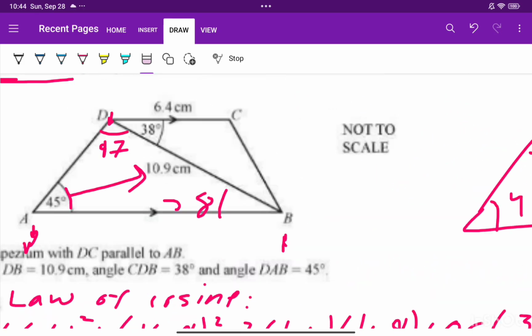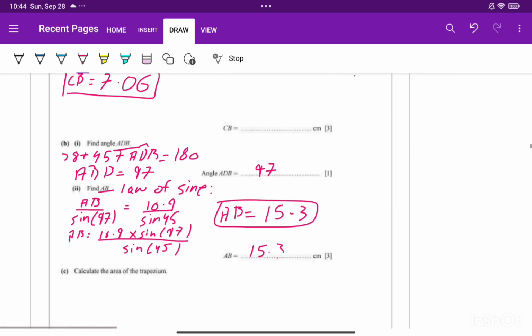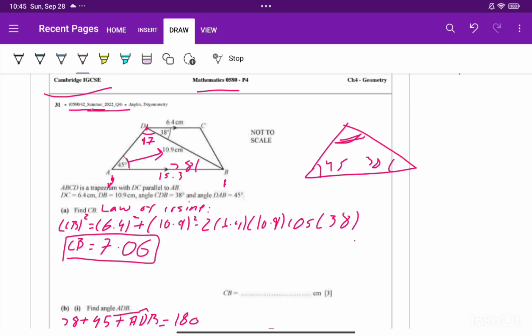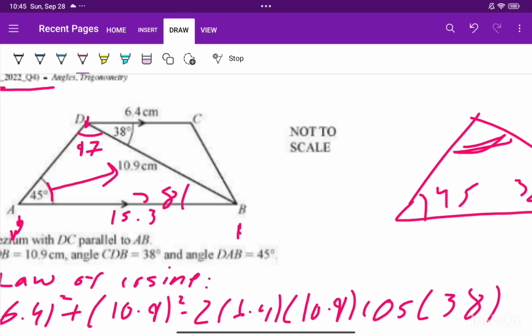We know AB is 15.3, and we need to find the area of the trapezium. The area formula of a trapezium is half the sum of the parallel lines multiplied by the height. We know the parallel lines, which are AB and DC, but we don't know the height. To find the height, let me draw it over here. This will be our height, and both are 90 degrees over here.